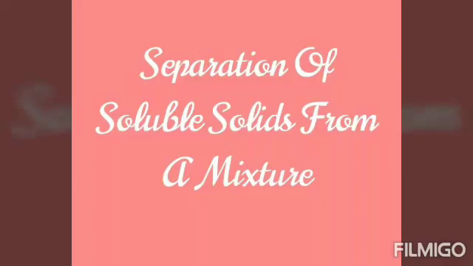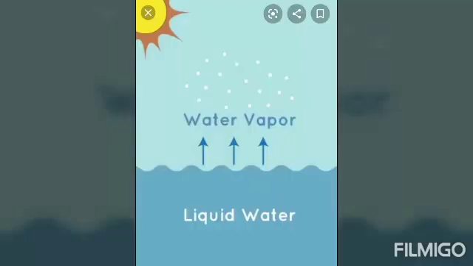The process of changing a liquid into its vapor on heating is called evaporation, which means when we heat a liquid, it changes into vapor and our solids remain at the bottom of the vessel. This process is called our evaporation process. I hope this is clear to you.